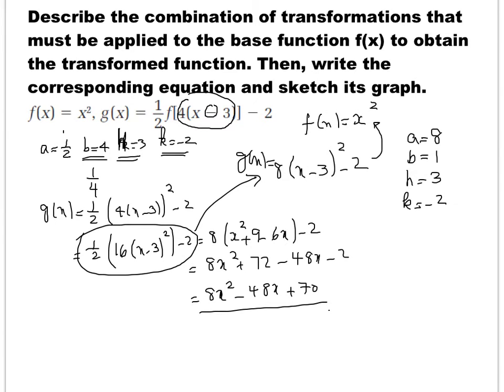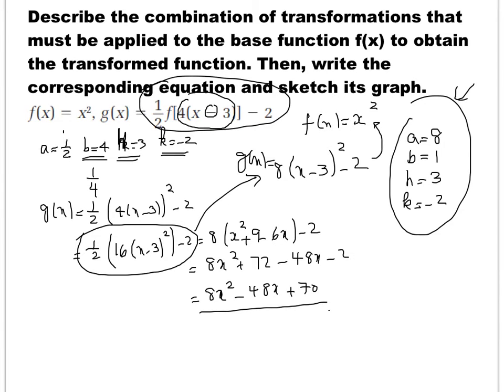This means that the same graph that we had here has a different transformation, but they produce exactly the same transformed function when plotted. Meaning in this case, we are going to stretch the base function, y equals x squared, by 8 units along the y-axis.